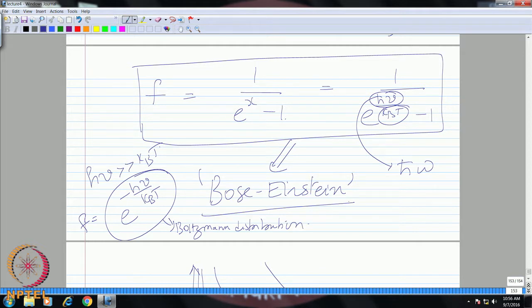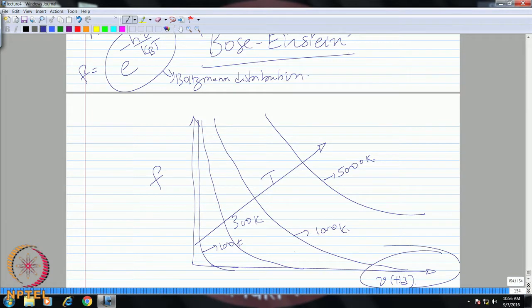So for these limiting cases, very high values of energy, that could be that you are looking at values of nu which are very large or values of temperature which are very small, this distribution function will approach your Boltzmann distribution function.